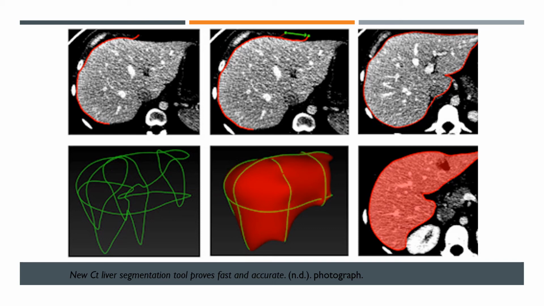Here are some CT images of the liver. It's been outlined here. The liver is further broken down into two lobes, the right and left lobe, and then it's broken down into the quadrate and caudate. Here on this liver, it breaks the liver down into segments.